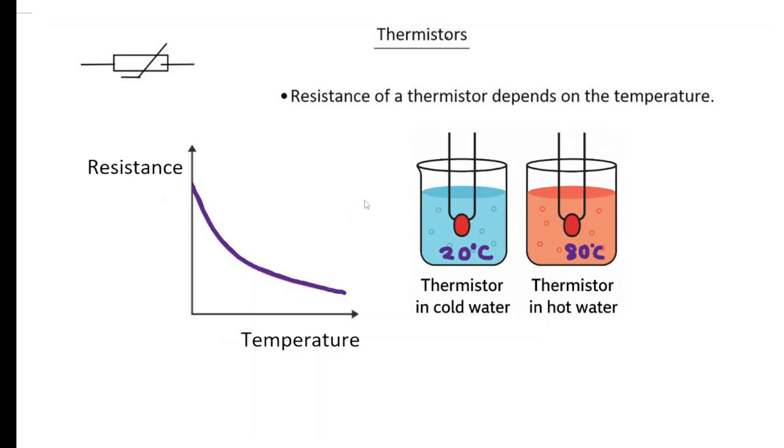So this could be 100 ohms, and the resistance of that would be something like 5 ohms. These are just made up values again. So the idea that you need to get is when thermistors are in cold water, or when the temperature is low, the resistance is high. When the temperature is high, the resistance is low.